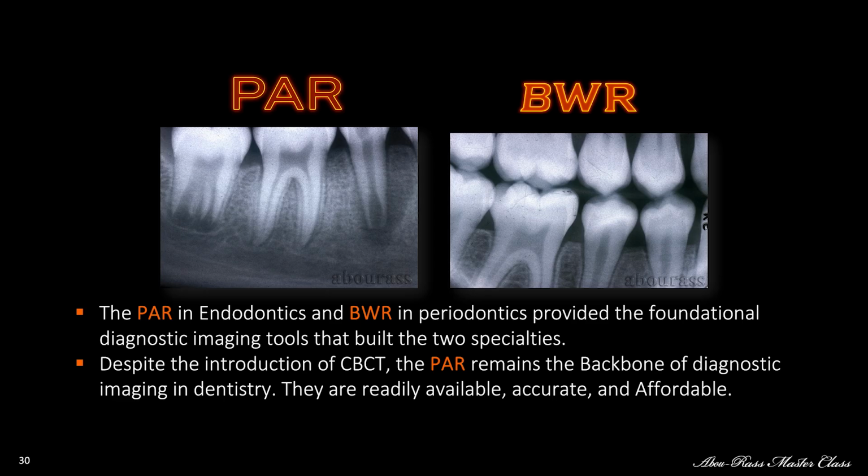These two radiographs, intraoral, been with us, and I feel so strongly that every general practitioner must believe in these two radiographs as the initial diagnostic tools, not the OPG, not the CBCT. That comes later if we need it. But in my opinion, this is a philosophy that I like to share with you.